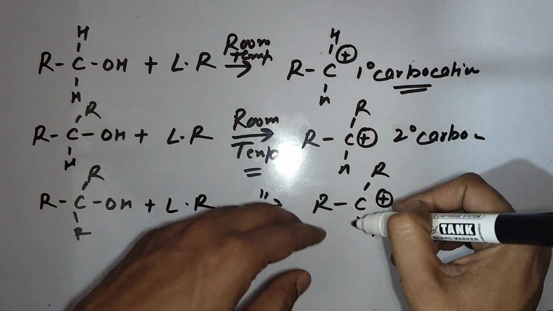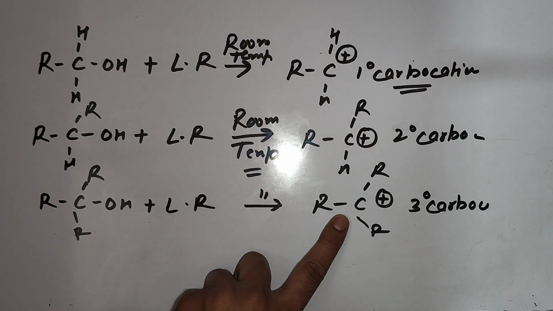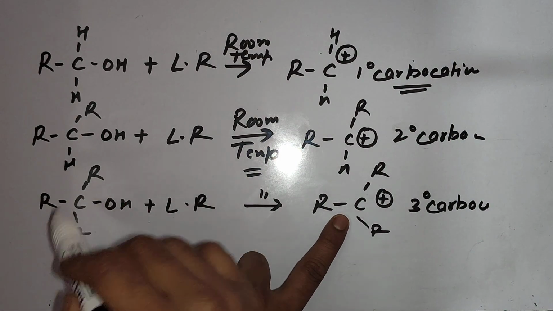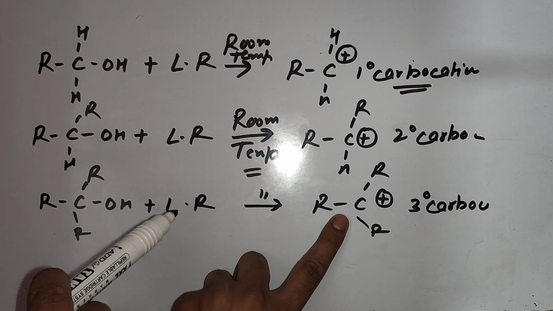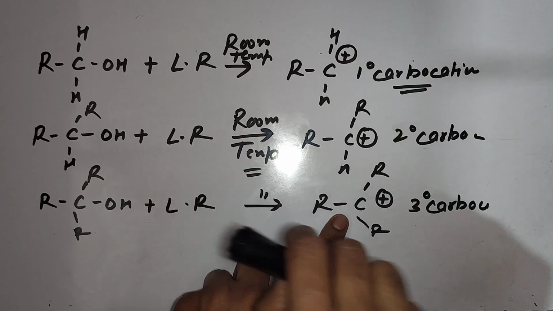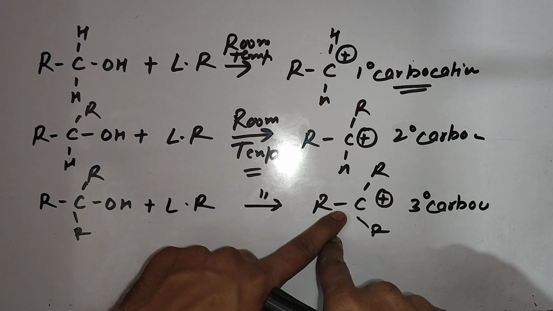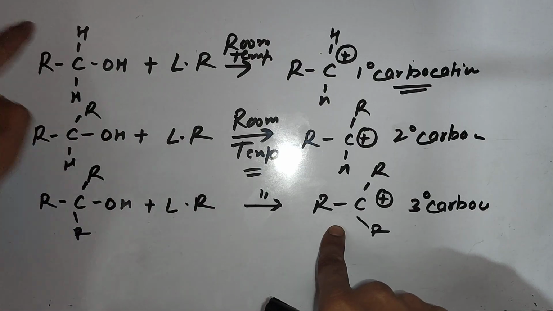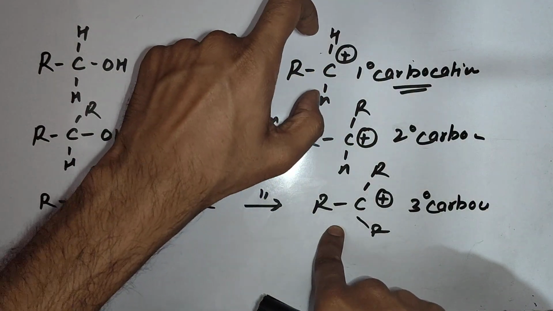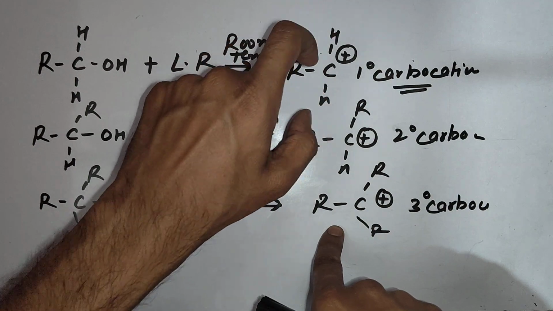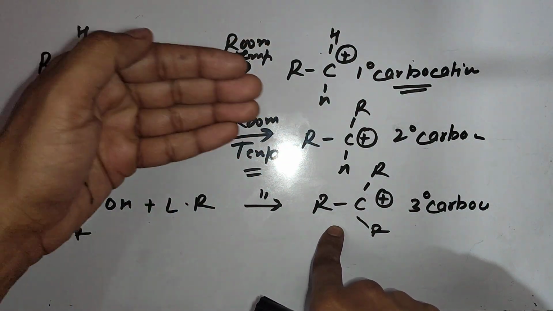Now out of these 3 carbocations, 3 degree carbocation is most stable carbocation. So 3 degree alcohol is highly reactive with Lucas reagent because the reaction is passing through most stable carbocation, 3 degree carbocation. Whereas when 1 degree alcohol reacts with Lucas reagent, it is creating a least stable carbocation. That's why this 1 degree alcohol is not reacting properly with Lucas reagent.